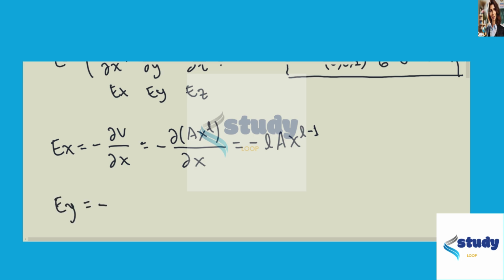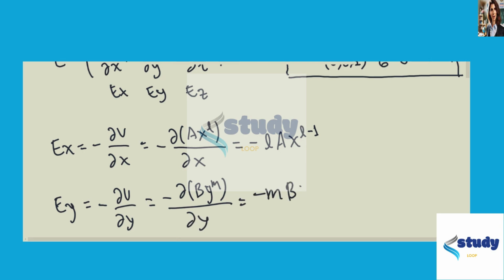For the other component, something similar happens. In this case, it is minus M B y to the M minus 1.